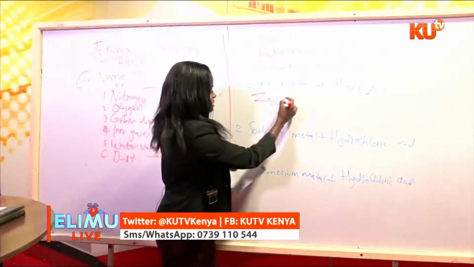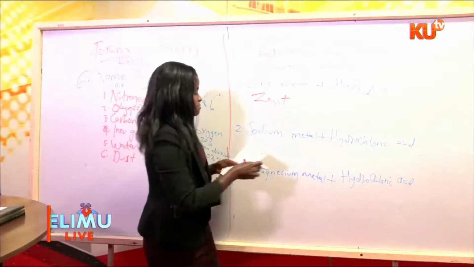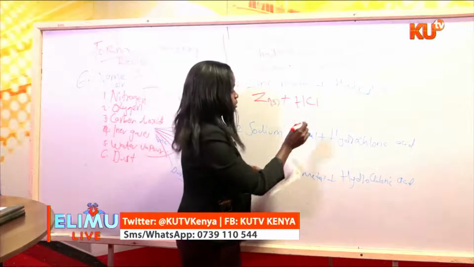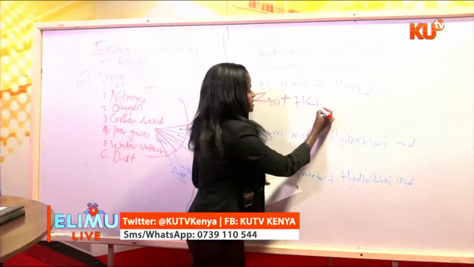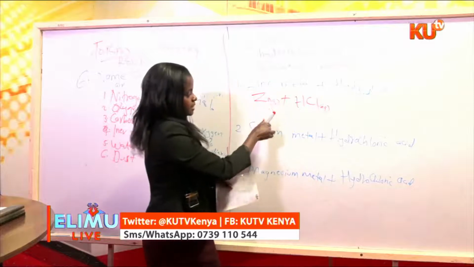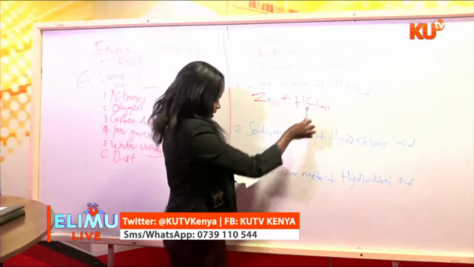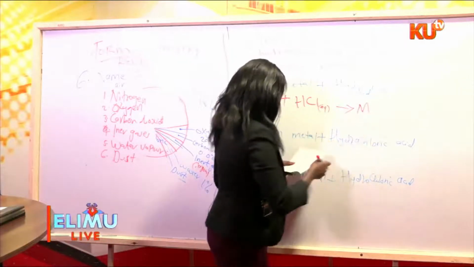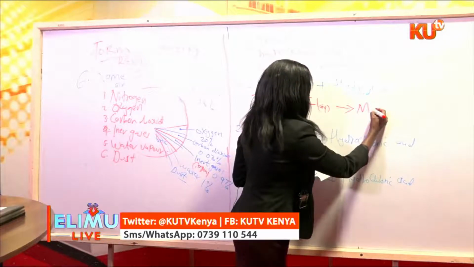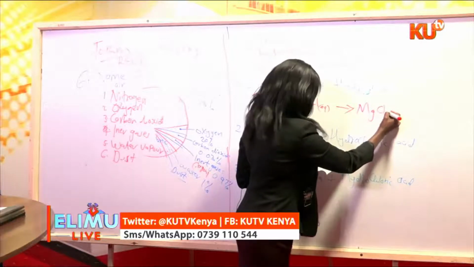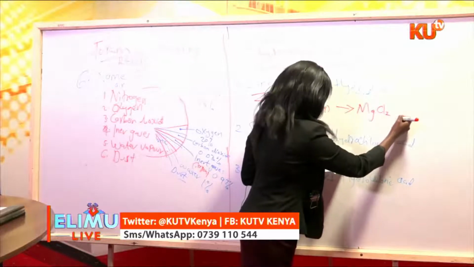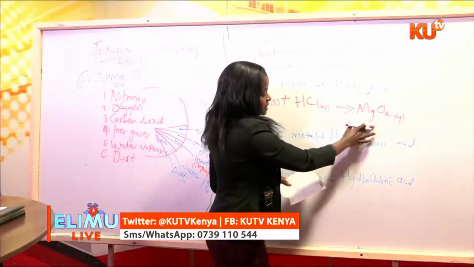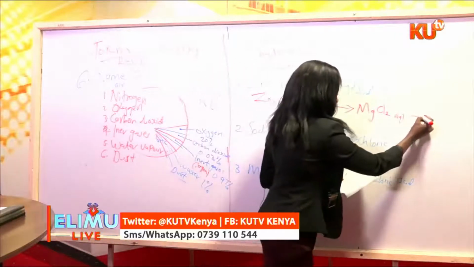So zinc, which is a solid, notated as S, plus HCl, which is an aqueous solution, annotated as AQ, to form magnesium chloride, and if it's an aqueous solution, it will still go to this side as an aqueous solution, plus water.